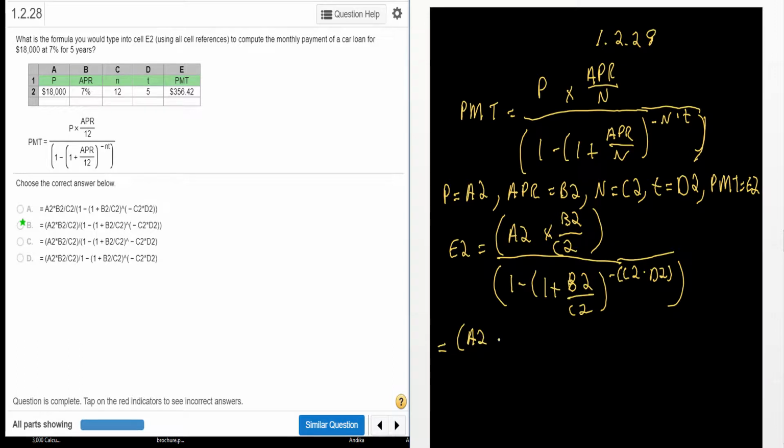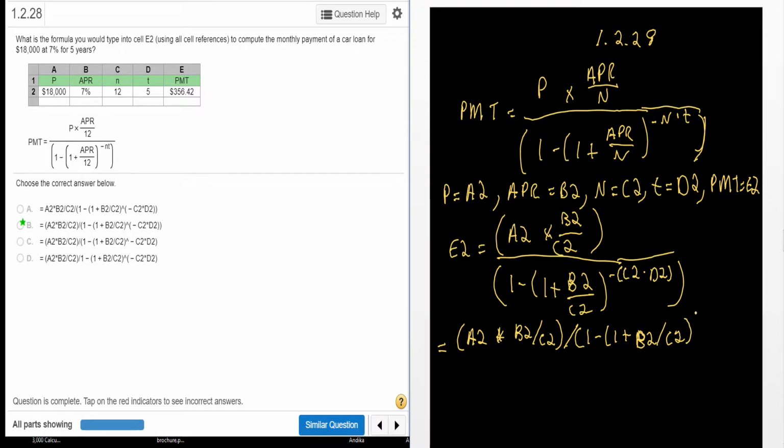I'm going to have A2 star B2 divided by C2, close parentheses, and I have my division symbol there, divided by open parentheses 1 minus 1 plus B2 divided by C2, close parentheses.